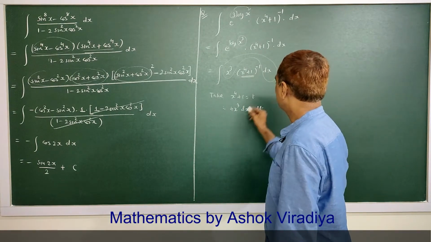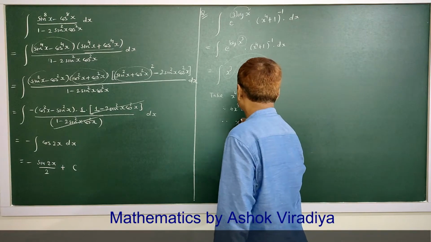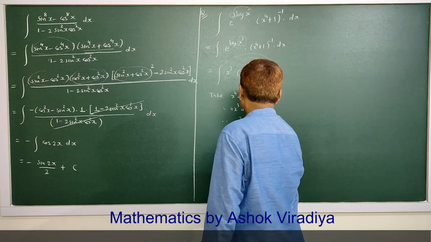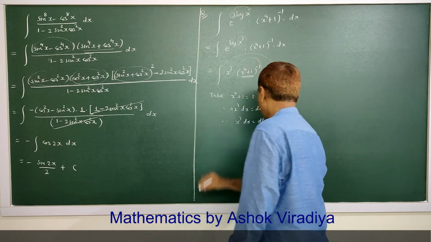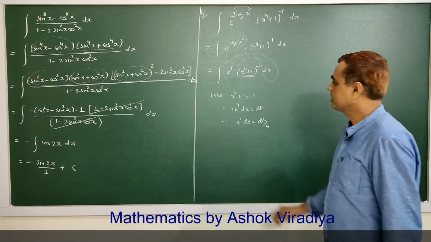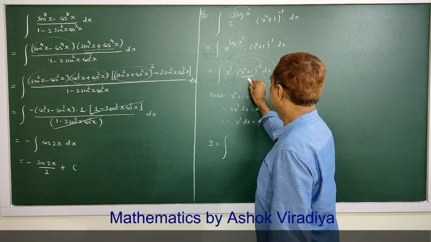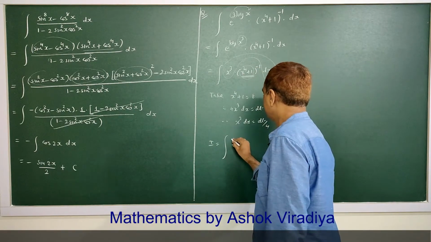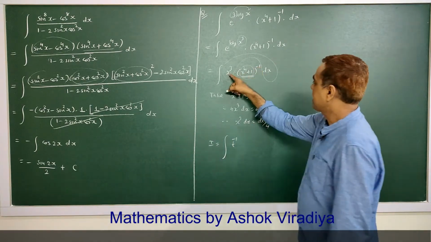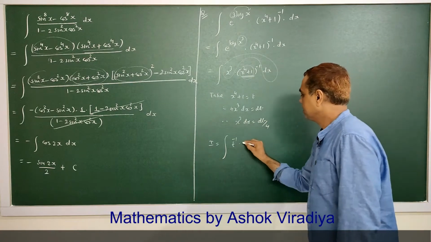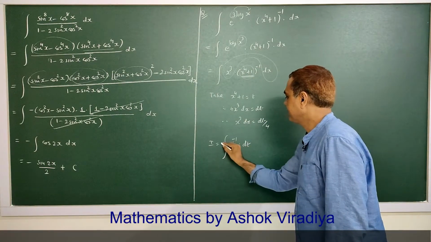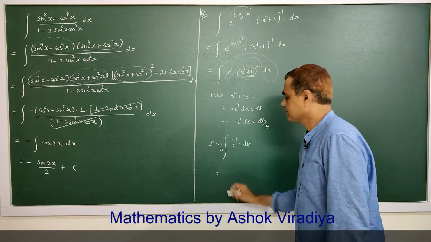So this x cube dx can be removed. x cube dx is dt by 4. So the integral is, this is t raised to minus 1, and x cube dx is dt by 4.